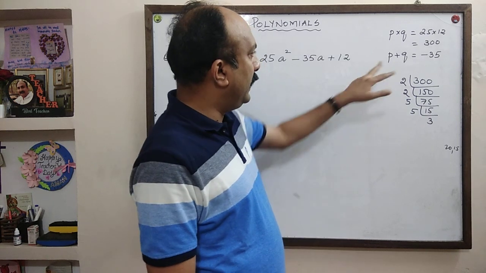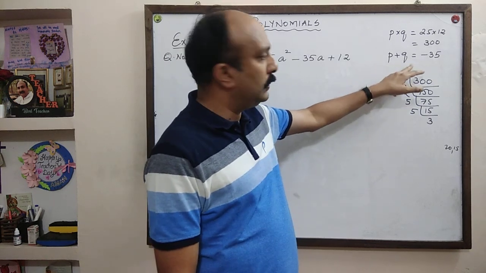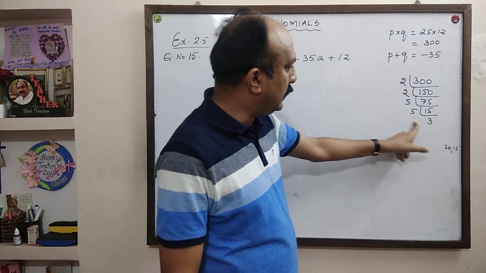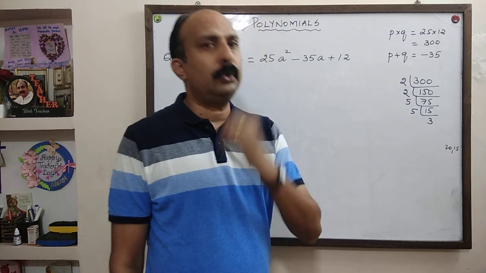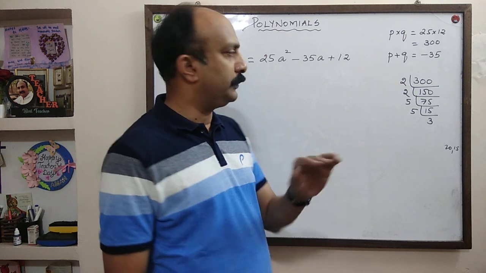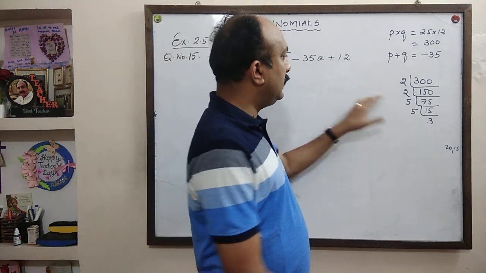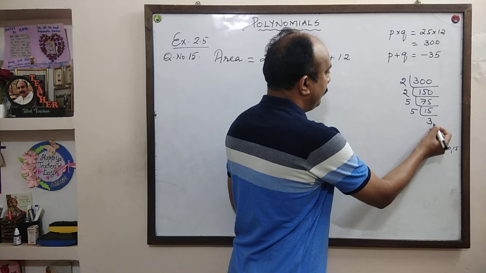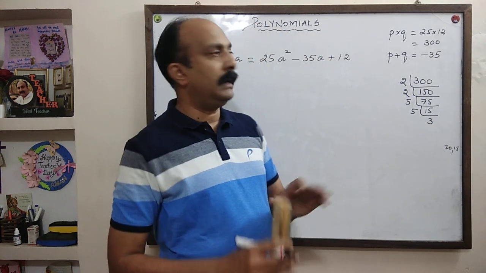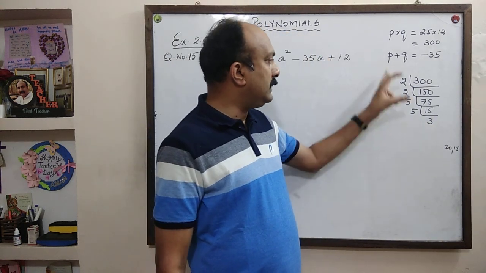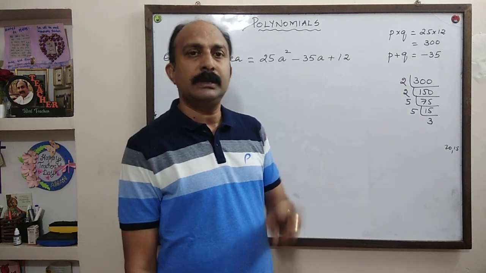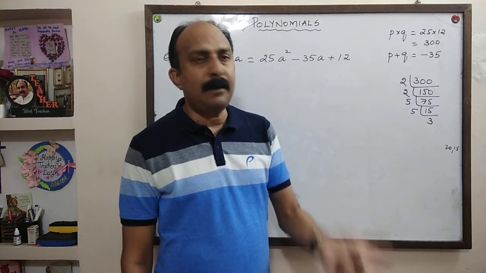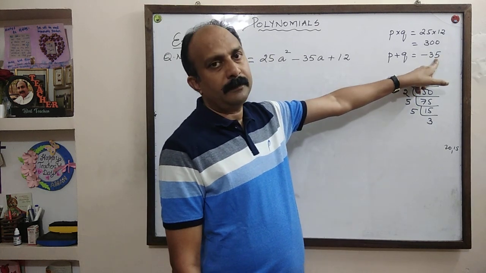Now in order to find the two numbers p and q, you have to take all these factors in two groups. They are to be taken in such a way that you have to make these factors into two numbers so that their sum is 35.